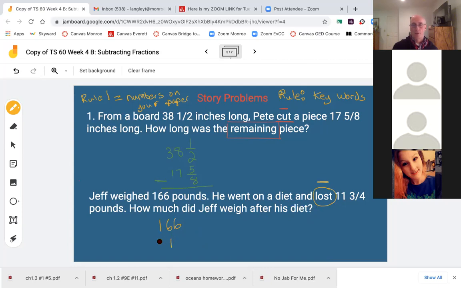He lost 11 3/4. Subtraction sign. And again, as a reminder, in this scenario, I'm going to borrow from 166, make it 165, bring over 4/4, and then work the rest of the problem. Okay, give you a moment.